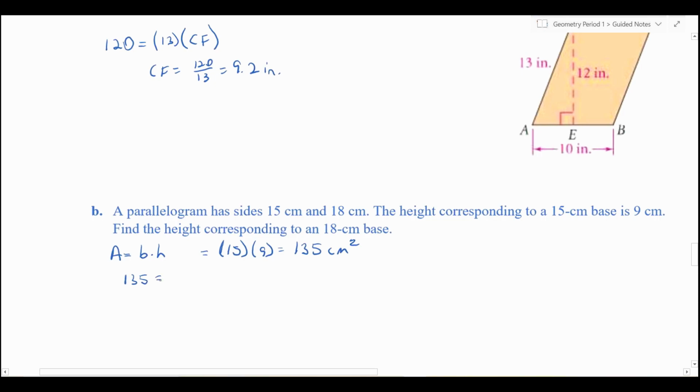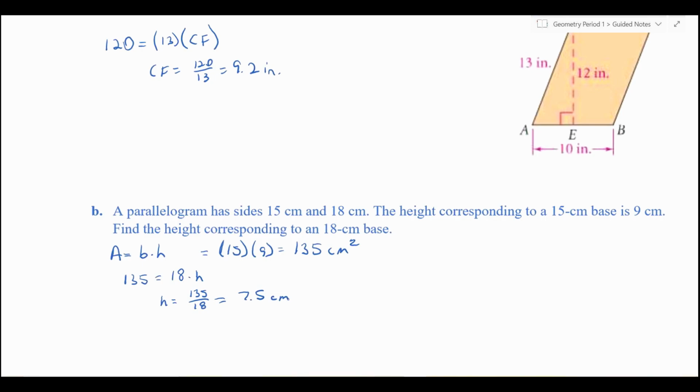The new base is 18, so it's going to be 18 times that height that we're trying to find out. We divide both sides here by 18, and we get height equals 135 divided by 18, and that is going to equal 7.5, and that is going to be centimeters. Done. That is this particular problem.